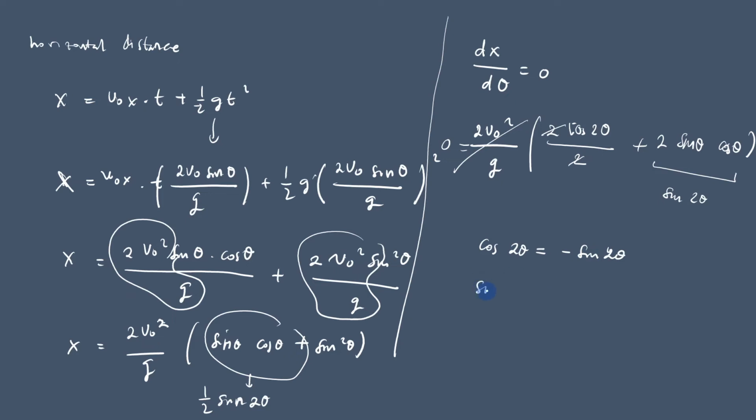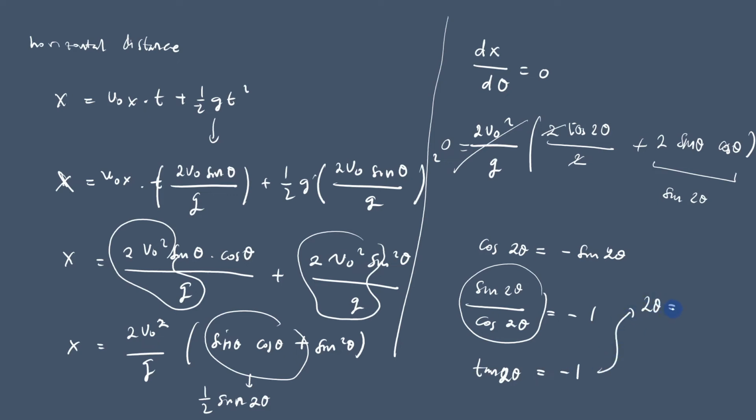We can get sine 2 theta divided by cos 2 theta equals minus 1. So this is tan 2 theta by the trigonometric identity. Tan 2 theta equals minus 1, and 2 theta is arctan of minus 1.